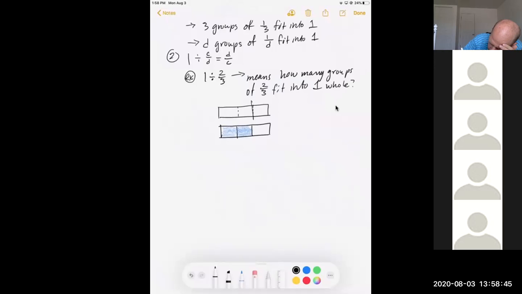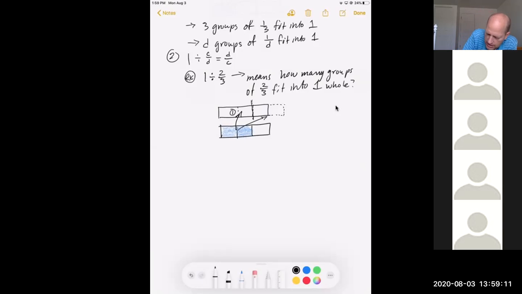This is going to be a big dashed line for the end of my group. So I have one group of 2/3 that fit into there. And my second group of 2/3 is a little bit further past this bar. There's my second group. But I'm not going to use the whole group.